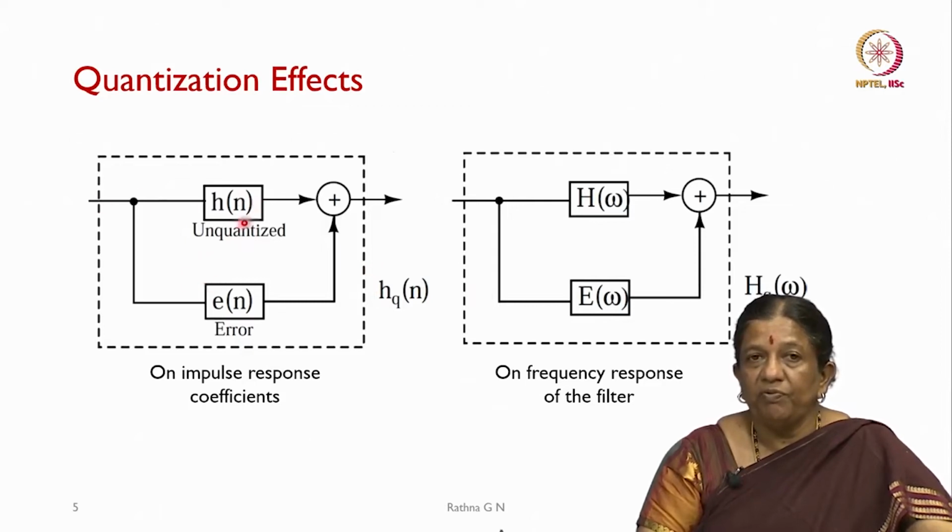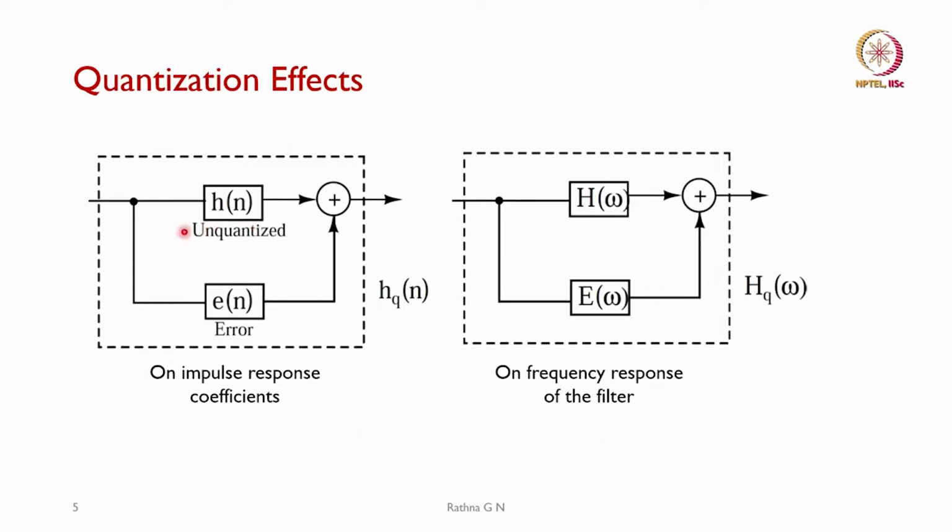Whatever we have, h of n, if it is unquantized then the output is going to be normal. If there is an error, it is going to be added to it, so the output will be the impulse response coefficients that I will get. In terms of the frequency domain, we know that h of n is represented as H of omega and our error function is represented as E of omega.